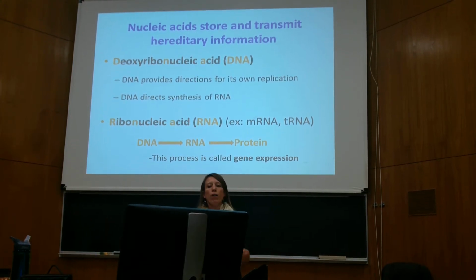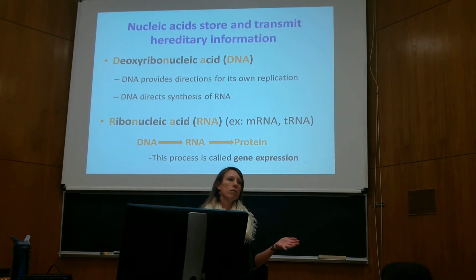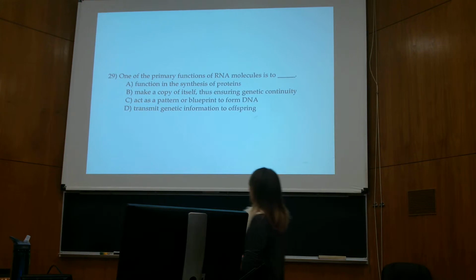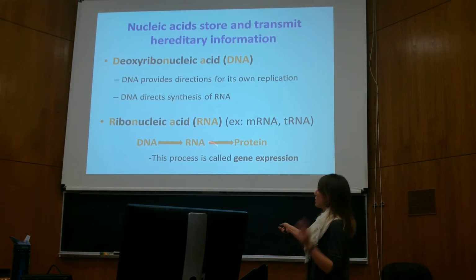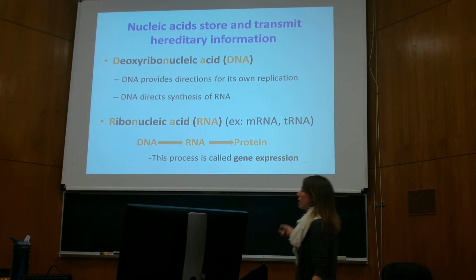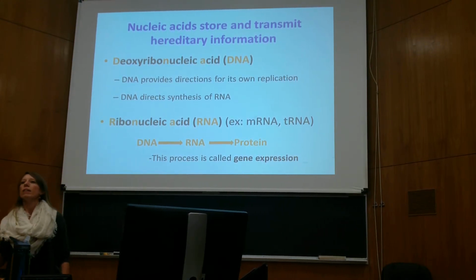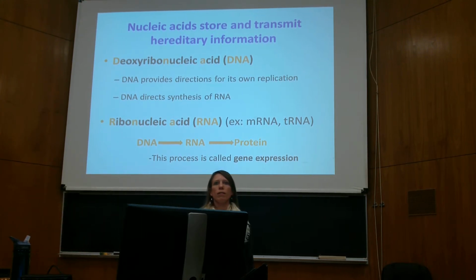But RNA is made from DNA, and we're going to go into this a lot deeper later this semester. RNA is basically used in our cells to help with the synthesis of proteins. So DNA is read and transcribed into RNA, and then this is read by the ribosomes. Ribosomes are made up of RNA, and they make proteins. They bind those amino acids together.